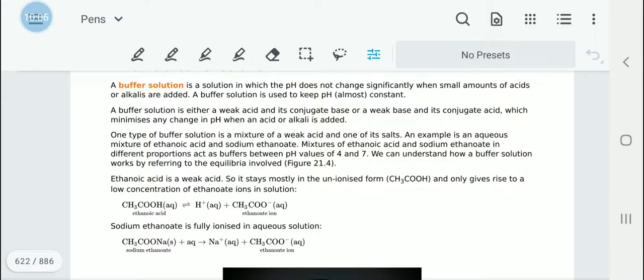For alkali pH values, it is usually a weak base and its conjugate acid. For example, ethanoic acid and sodium ethanoate.